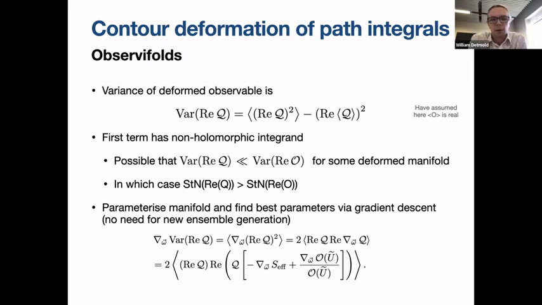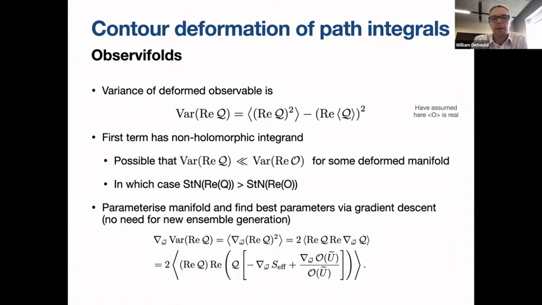So if we can parameterize our manifold in some way with parameters omega, this is our deformed manifold, we can try and find the best manifold by doing gradient descent on those parameters, with a gradient descent of the variance. Okay.